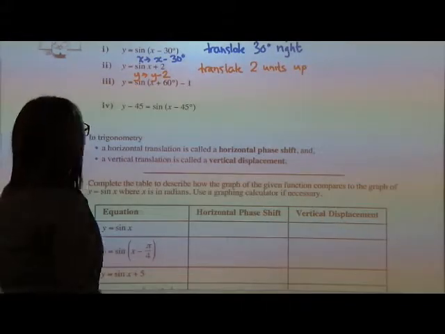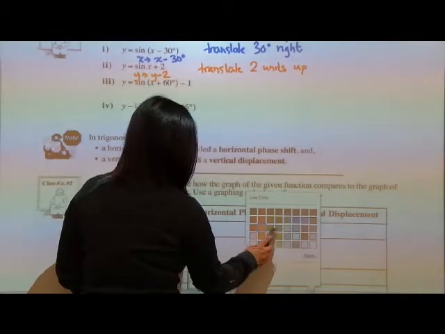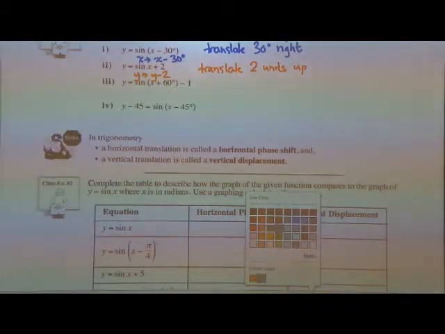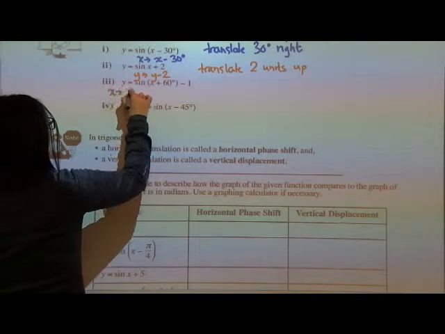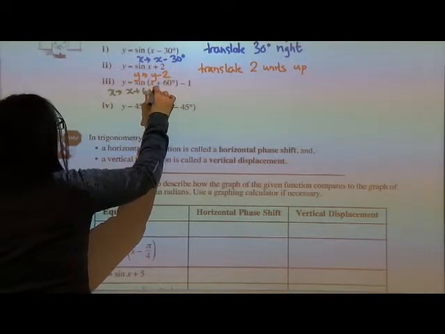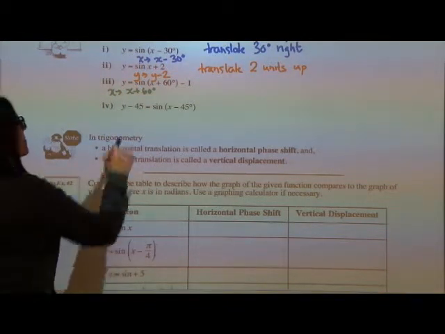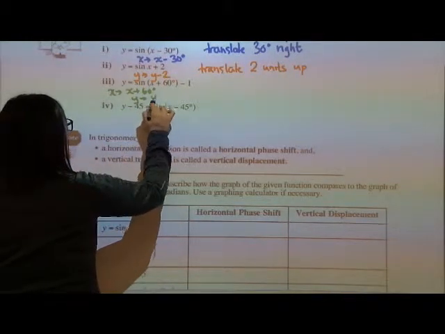Okay? So now if we look at 3, what are my replacements on 3? X with an x plus 60, and then a y with a y plus 1.